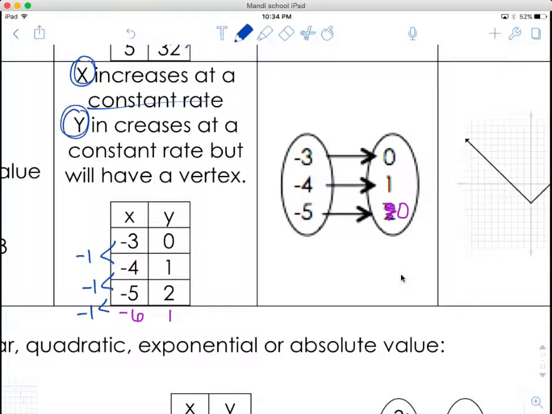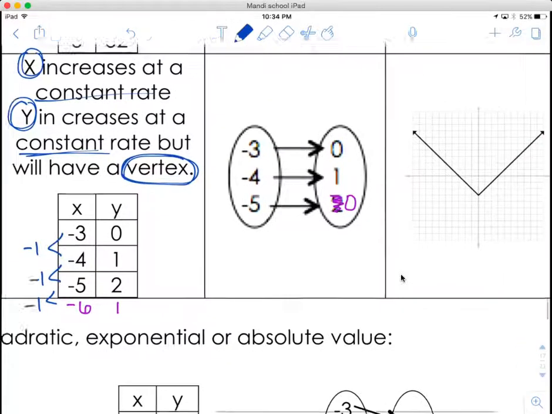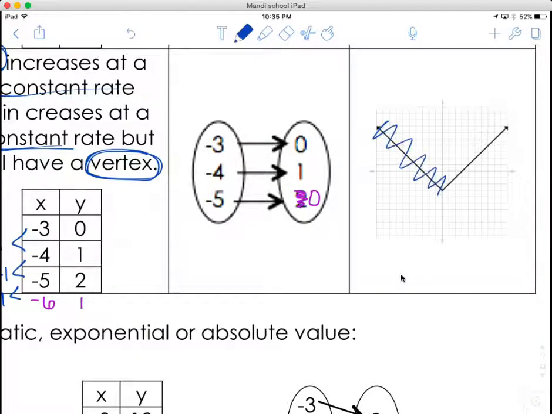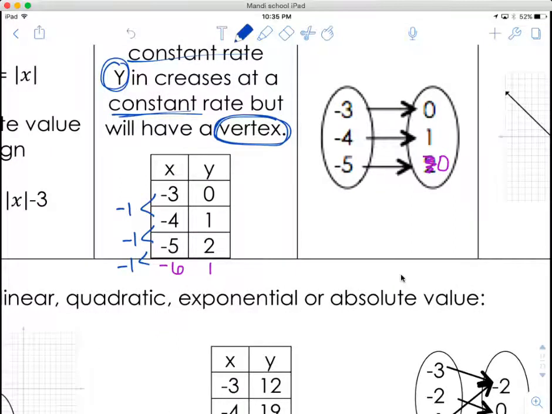Because y increases at a constant rate, but you must have a vertex. Remember, we talked about if you would cover that portion over, it looks linear. So we have to have a vertex in order to understand what's happening. So from this one, it goes from 0 to 1, from 1 to 2, and then from 2 to 1 is a -1, but it's still an increase or a decrease by 1.